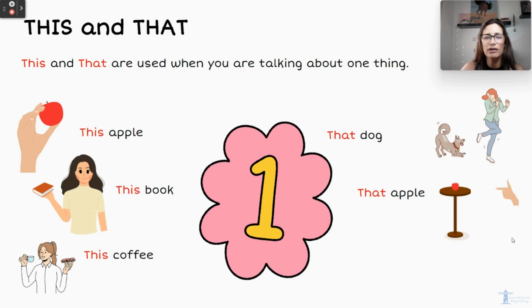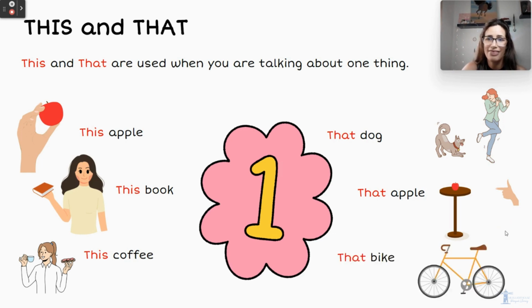And again, it's not being held by the person talking. It's not this apple, it's that apple. If the person was holding the apple, or if it was very close to the person, so close that the person could touch it, then they could use this apple. That bike.